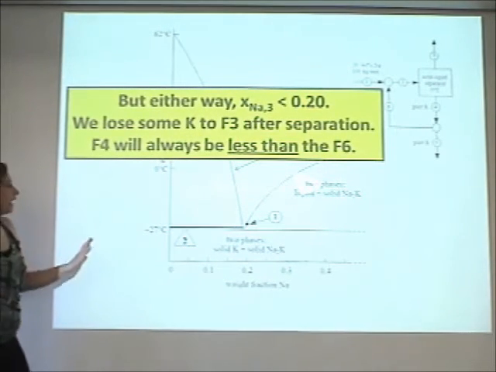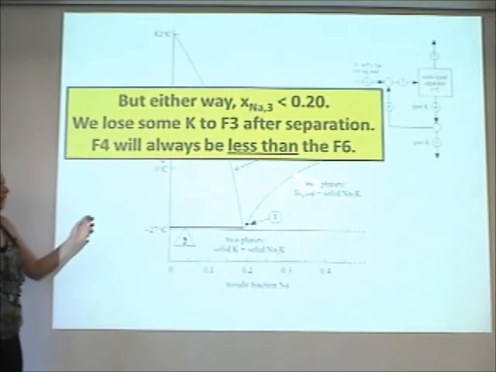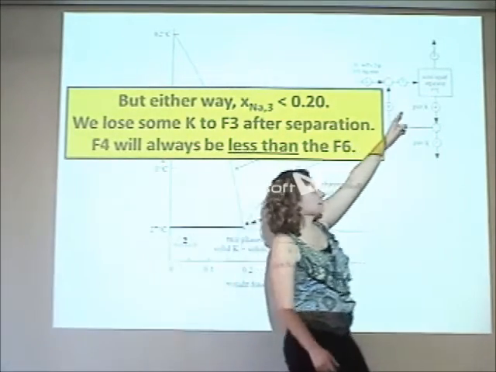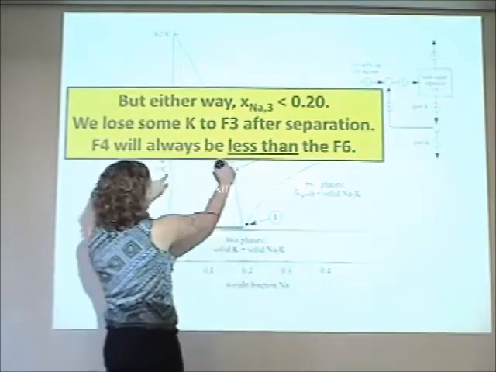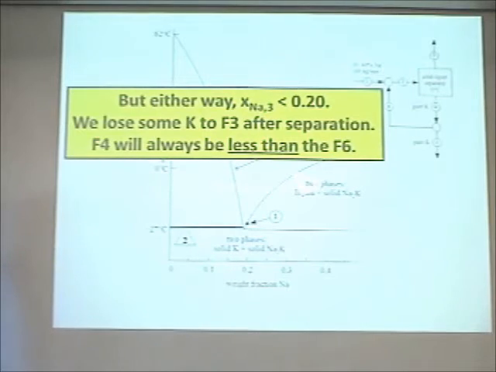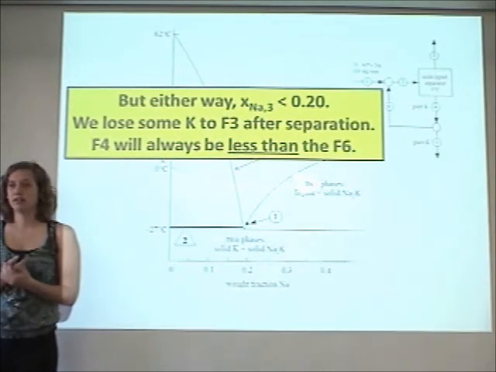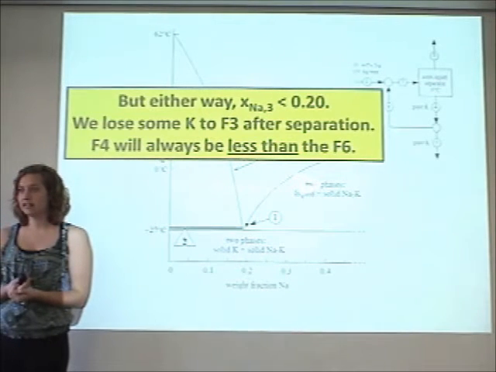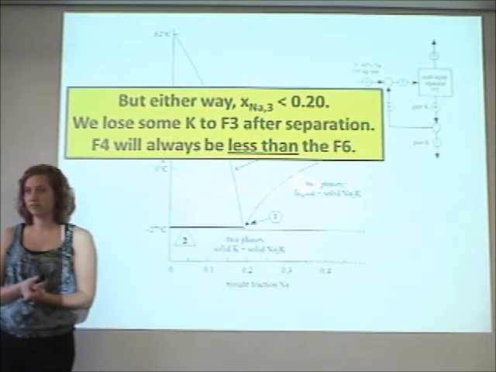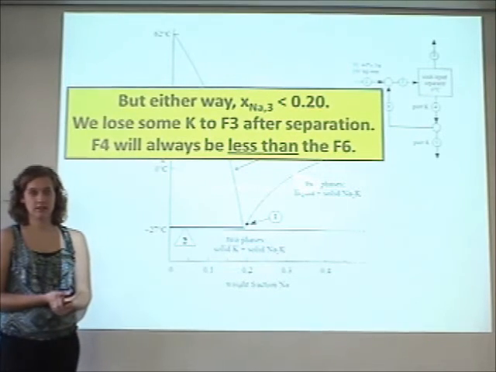So either way I do it though, I'm going to lose some of my K to F3, right? I know that somehow going out to that F3 based on where this region is falling. So F4 is always going to be less than the F6 that I'm putting in. So did you guys get that when you were doing this? Does that make sense to everyone? Yeah? Kind of, maybe? Yeah.